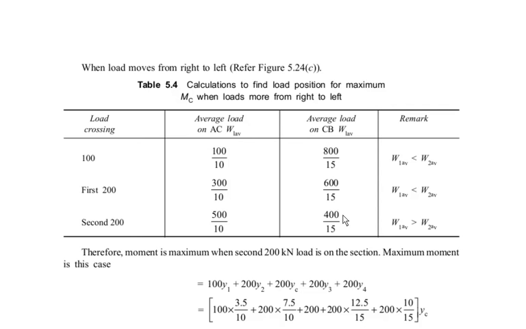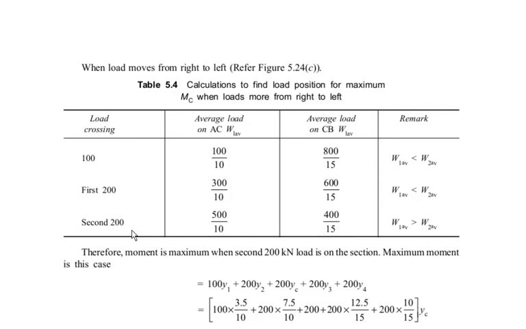So 200 plus 200, 400 divided by 15. So now what is the remark? The remark has changed. Here the average load on the portion AC is now greater than the average load on the portion CB. So there is a change in the remark. So we are stopping here.